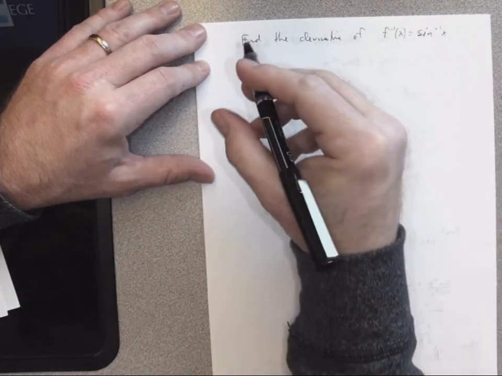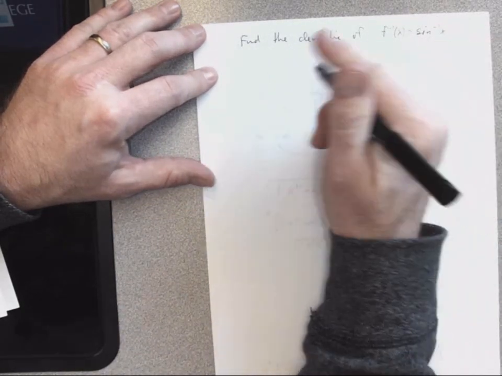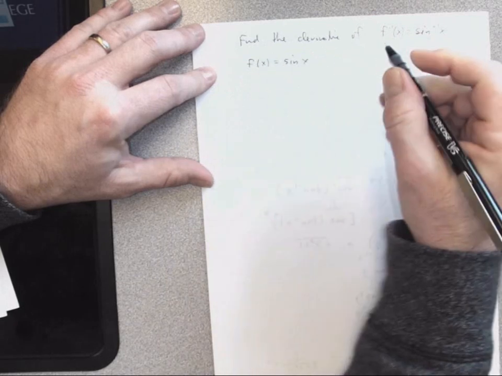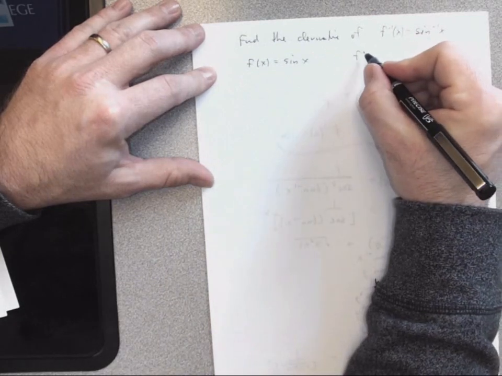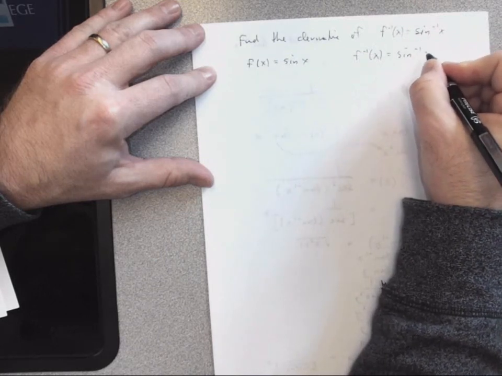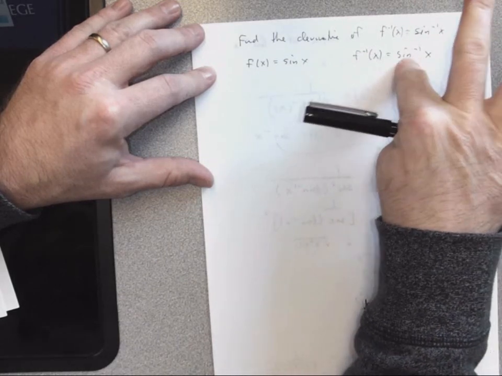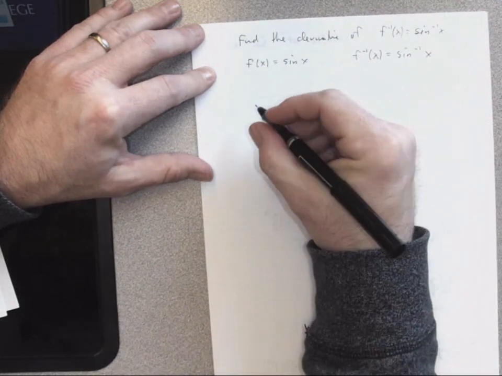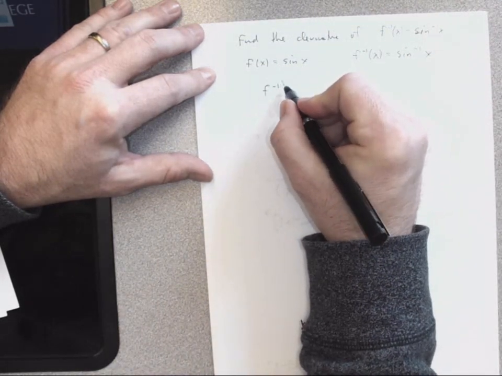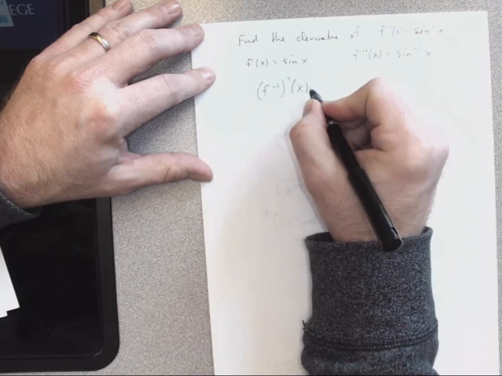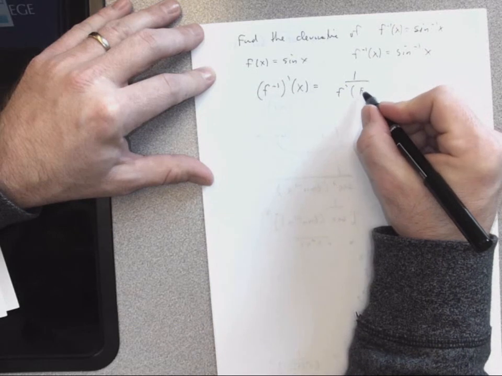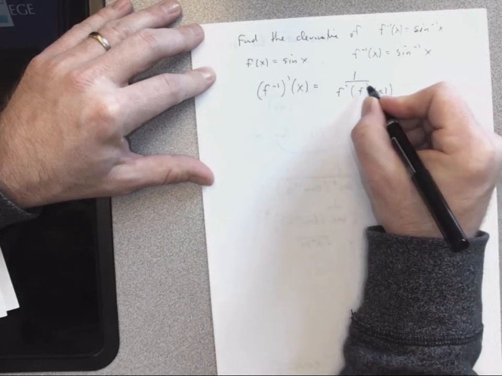Okay. So what we know is, if I want to find the derivative of this, I know that our f of x would be equal to the sine of x. So then our inverse would be equal to the sine inverse. So what's nice is I can find the derivative of this by using the derivative of this. So I know that f inverse prime of x is equal to 1 all over f prime of f inverse of x.